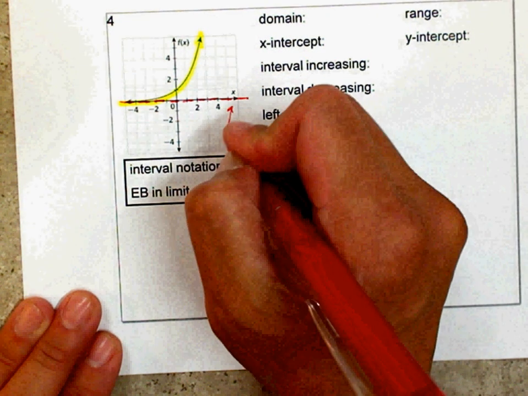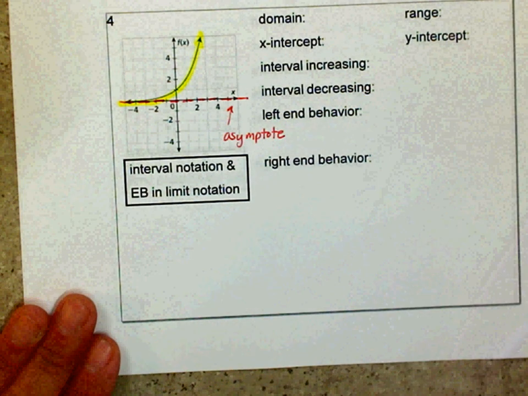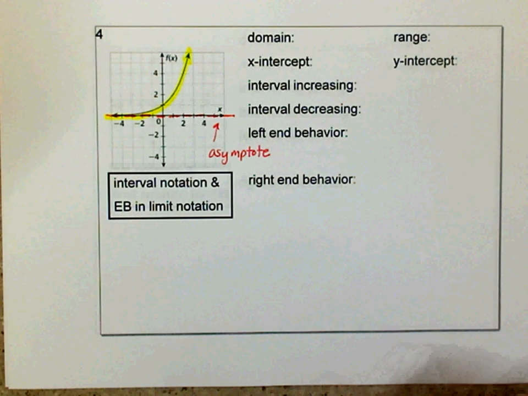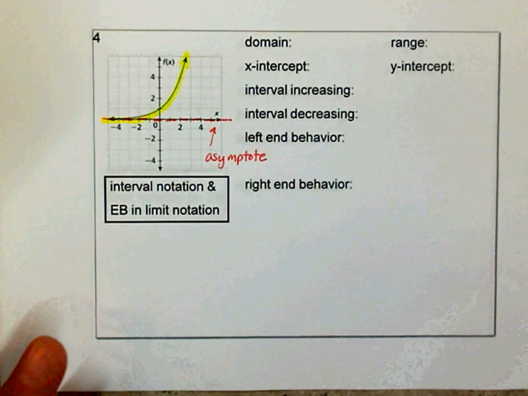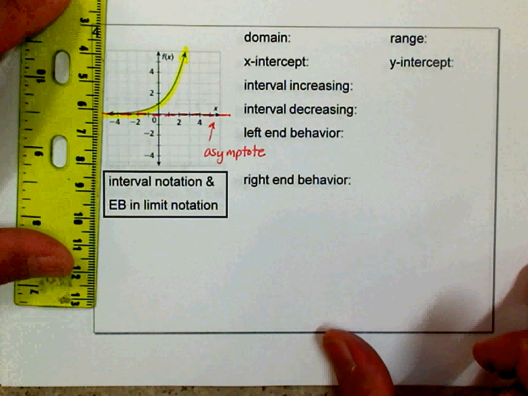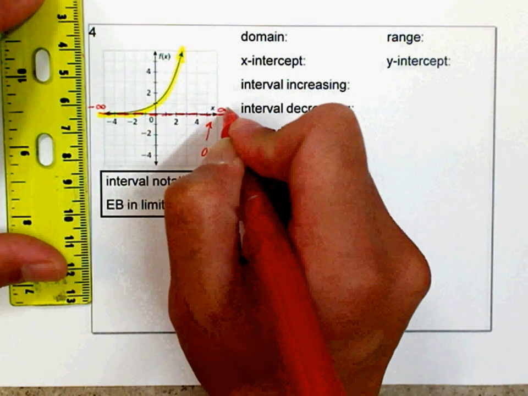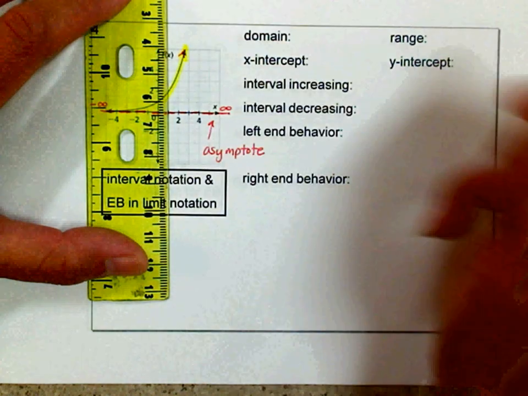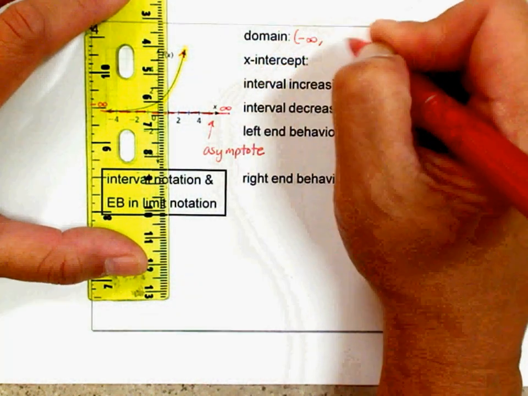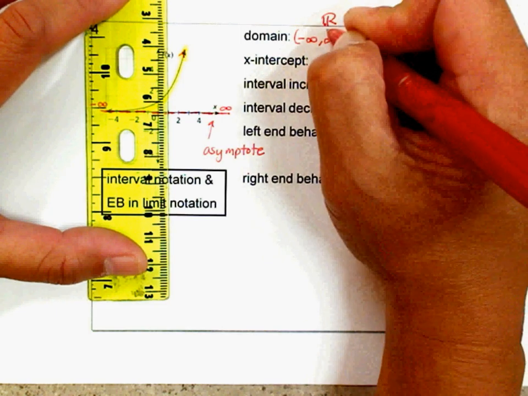We'll talk more about that when we get into more exponential, but right now this is all I need. All right, your domain. Where am I starting from? I'm starting from negative infinity. I'm heading toward the right, never stopping. See that arrow? It continues on. So you can write negative infinity to positive infinity, or you can draw a double line and write an R for all real numbers. Either one is going to work.